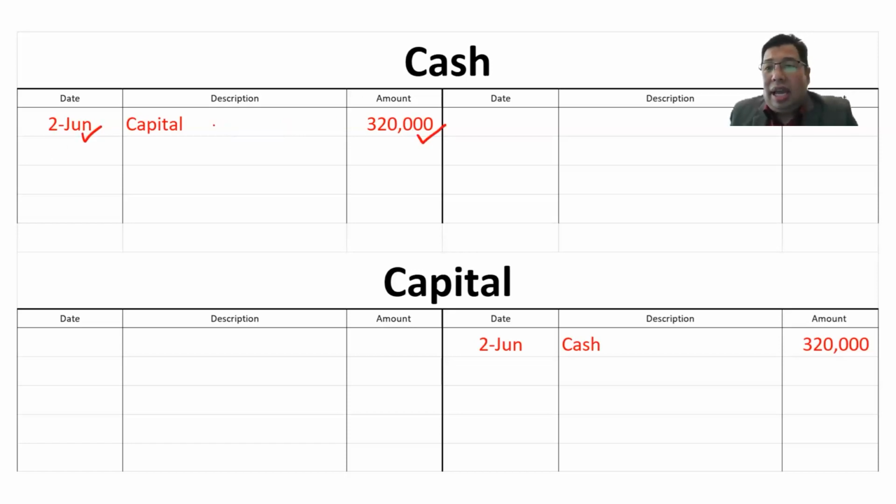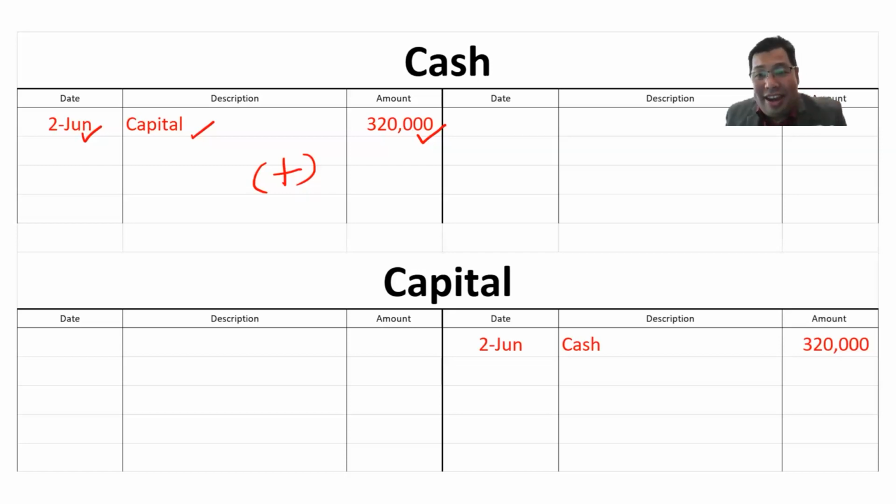And where does cash come from? What is the description? So I'm going to put that this cash comes from capital. This is an increase in cash by 320,000. Where does cash come from? It comes from capital. So that is the first account.